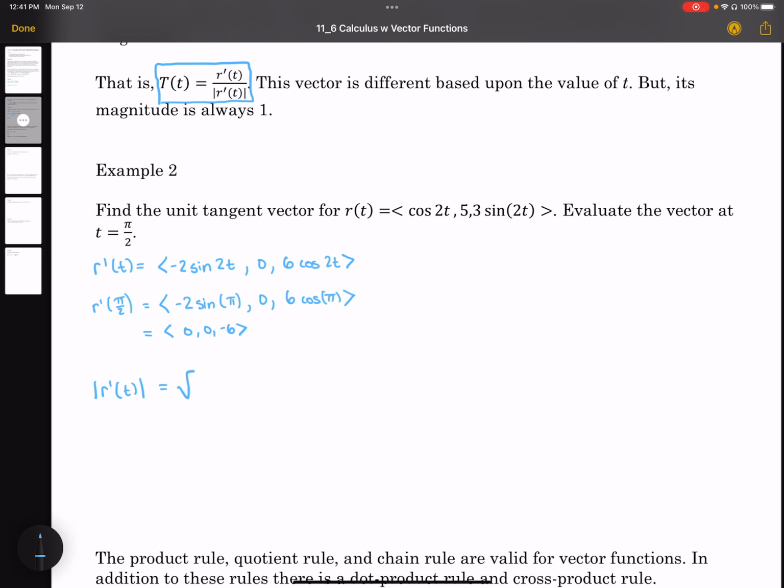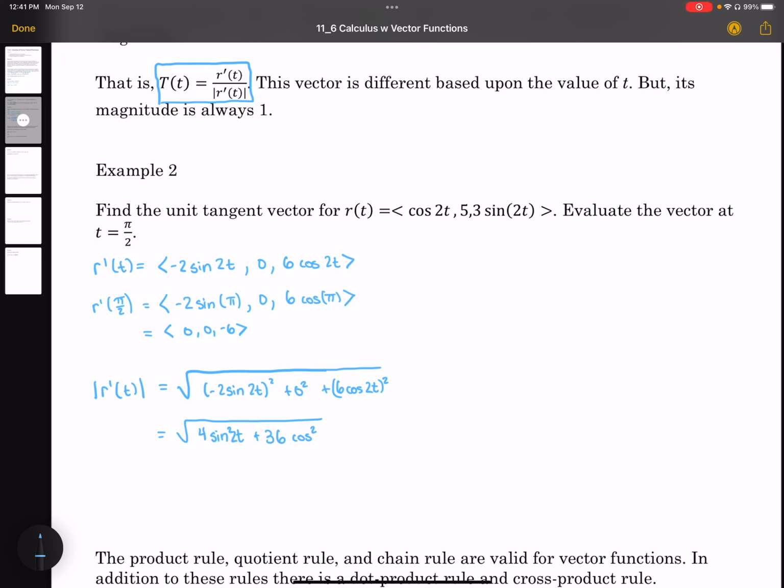So that's going to be, just like we always know, the square root of negative 2 sine 2t squared plus 0 squared plus 6 cosine 2t squared, which is going to equal the square root of, all right, negative 2 sine 2t squared is going to be 4 sine squared 2t plus 0 plus 36 cosine squared 2t.